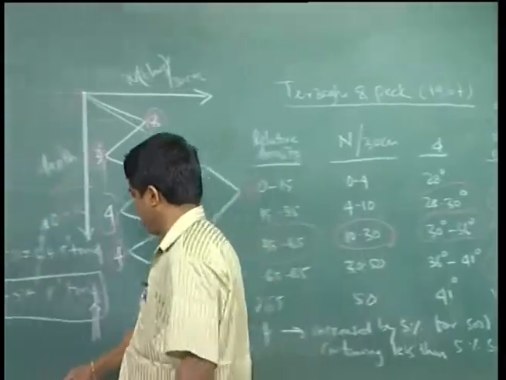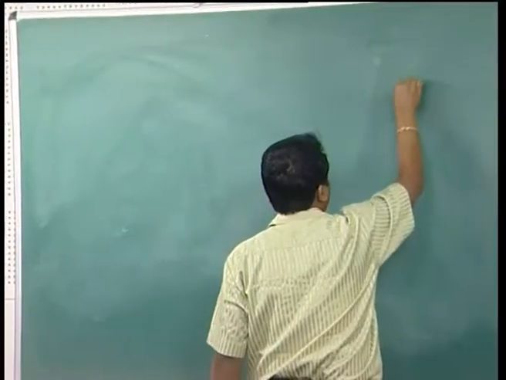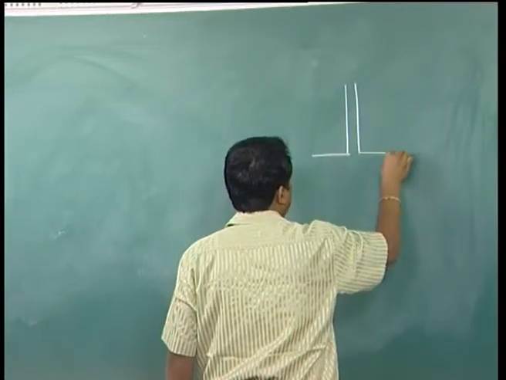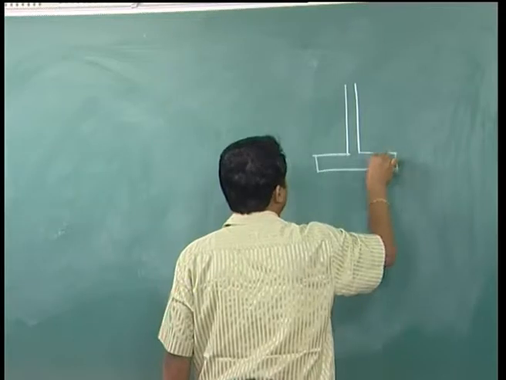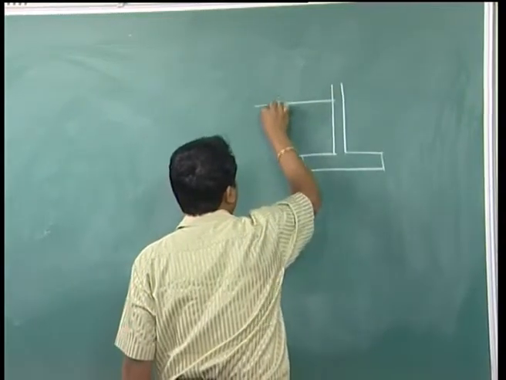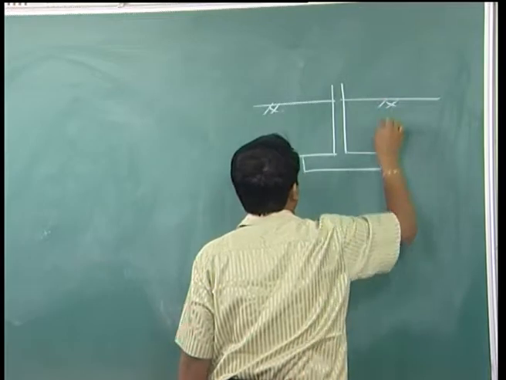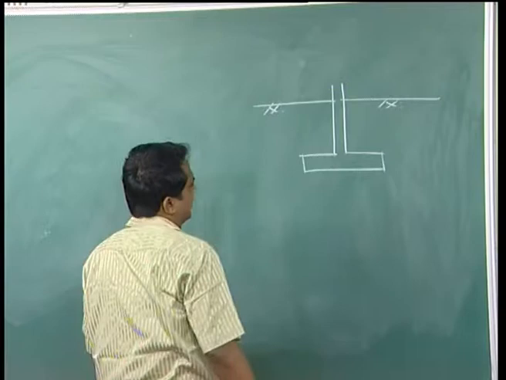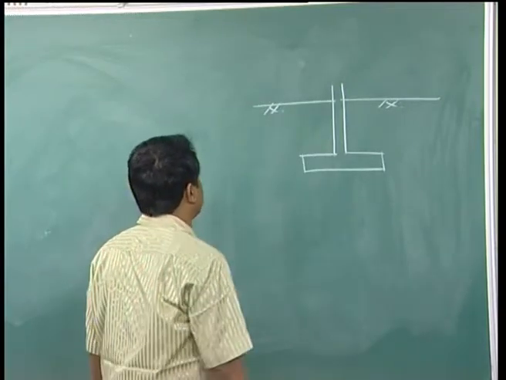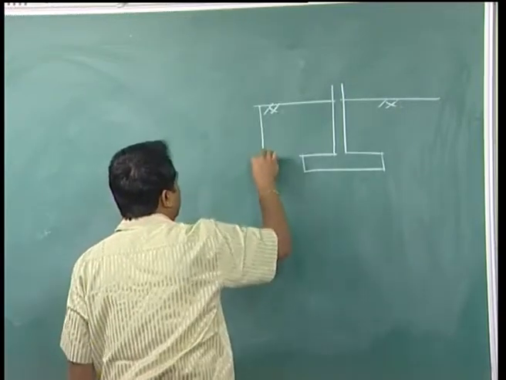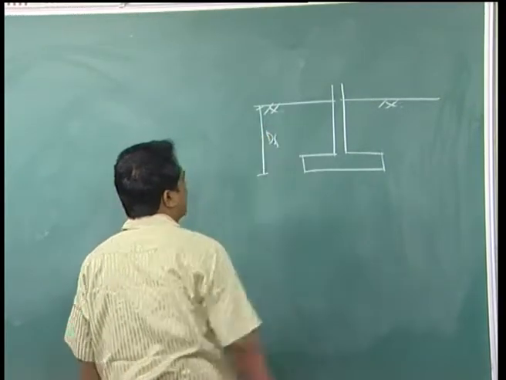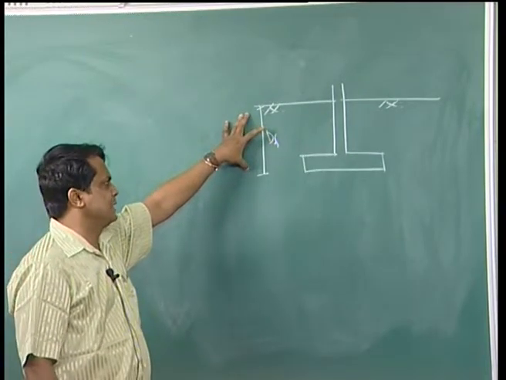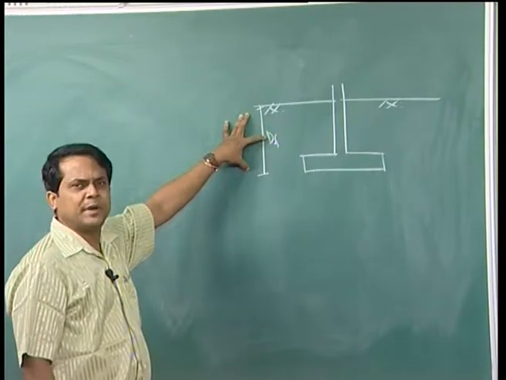That means, suppose we are going to construct a footing or foundation below the ground surface. We do not know the depth of foundation, at what level below the ground surface the foundation is to be rested, let us say 1 meter or 1.5 meter or 3 meter.